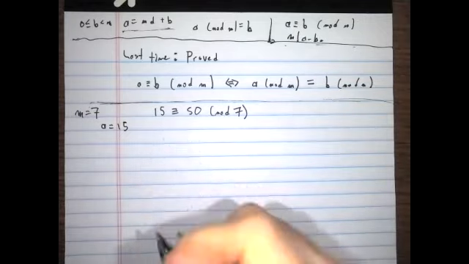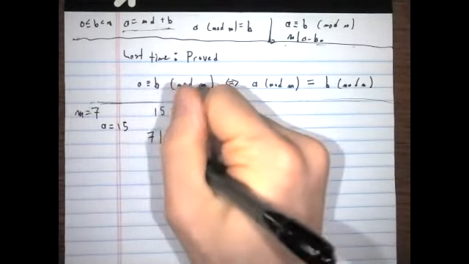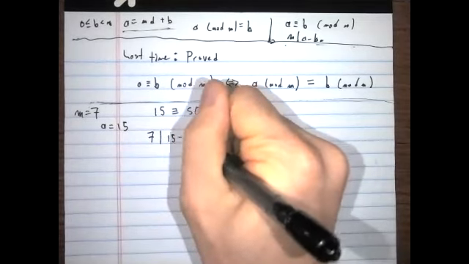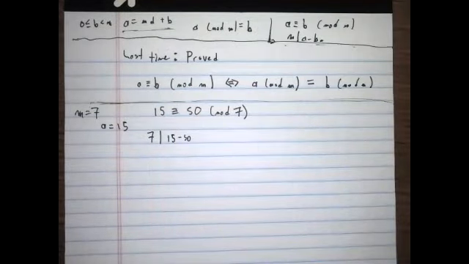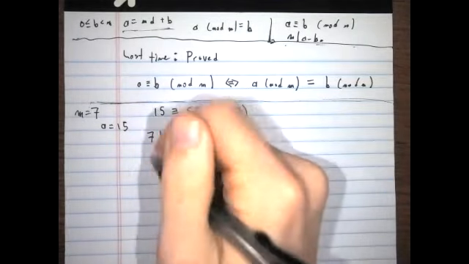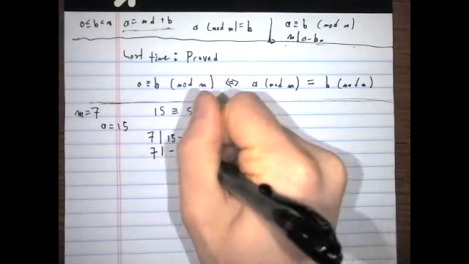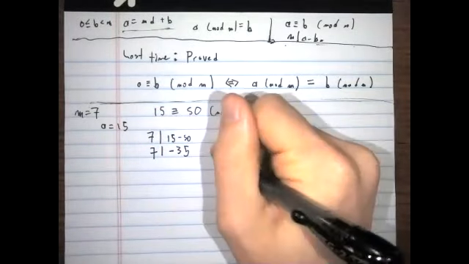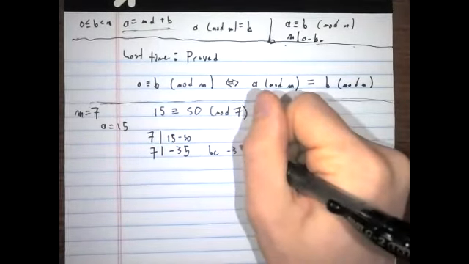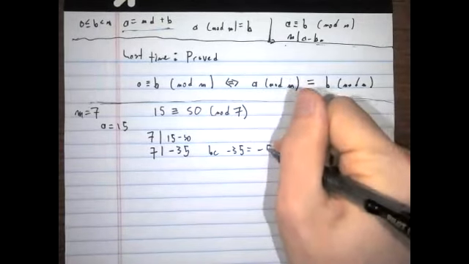So does 7 divide 15 minus 50? Yeah, I think it does, right? So 50 minus 15 is 35. So 15 minus 50 is negative 35. So 7 divides negative 35. This is true because negative 35 is equal to negative 5 times 7.